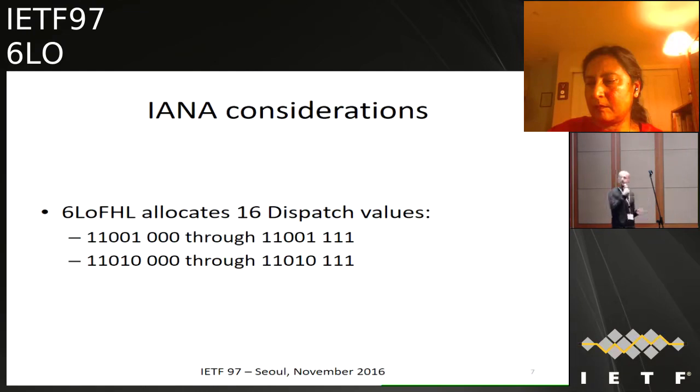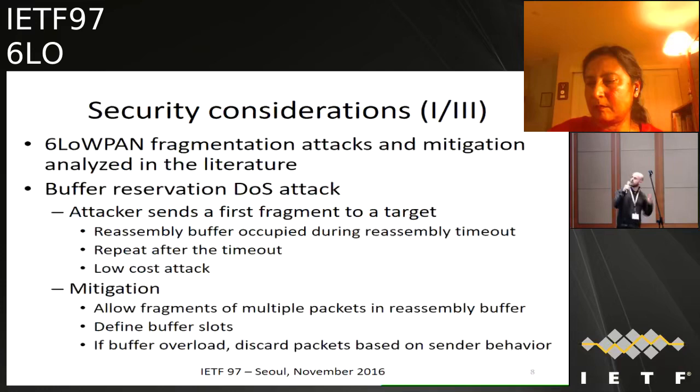We also have the security considerations here. In fact, 6LoWPAN fragmentation attacks and how to mitigate them have been considered in the literature. So, for example, there's a buffer reservation DoS attack, where an attacker sends a first fragment to a target and then occupies the reassembly buffer during the whole reassembly timeout, so that legitimate fragments are not accepted by the receiver for that buffer.